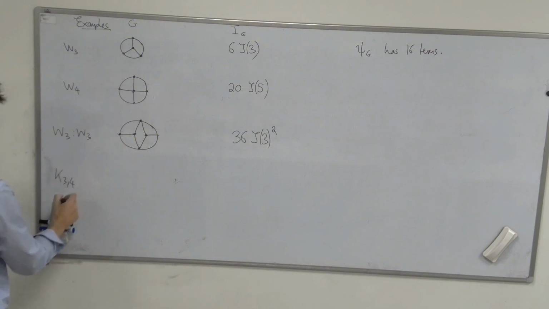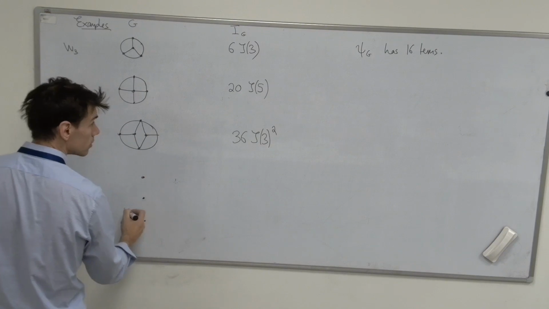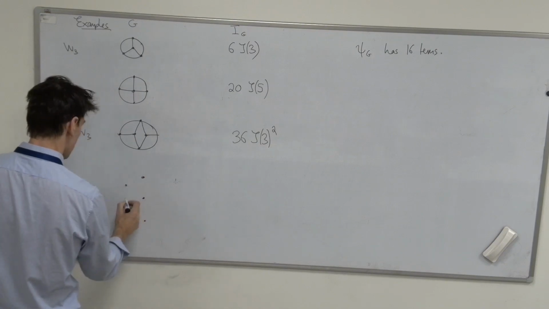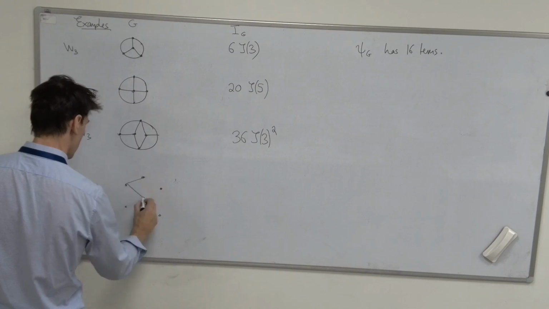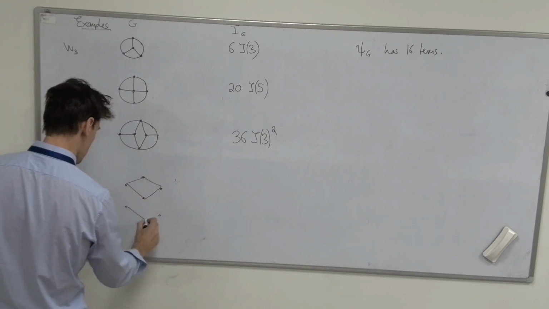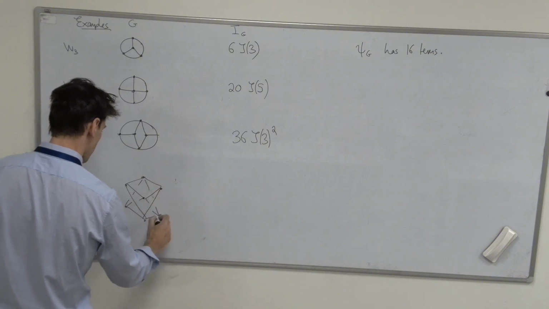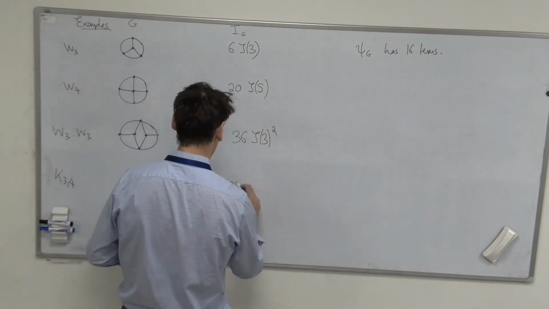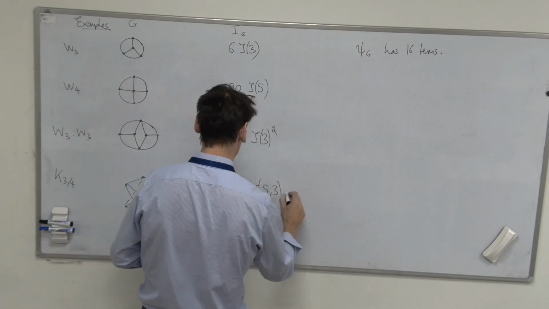in the 1990s. And the most difficult graph, or one of the most difficult ones that they managed to compute, is this complete bipartite graph, K3,4. And this gives 27 over 5, zeta 5, comma 3.